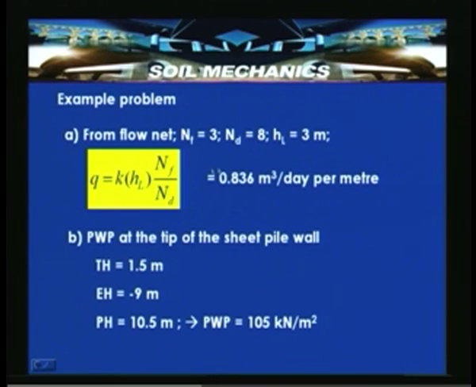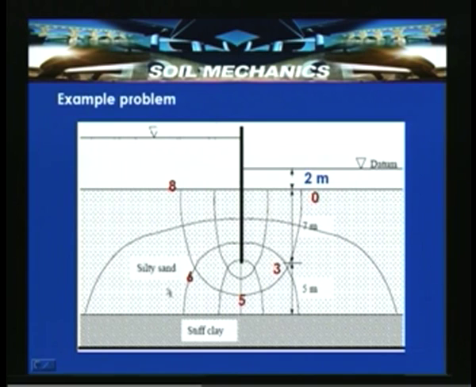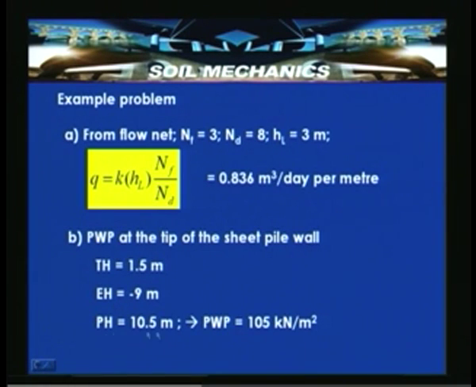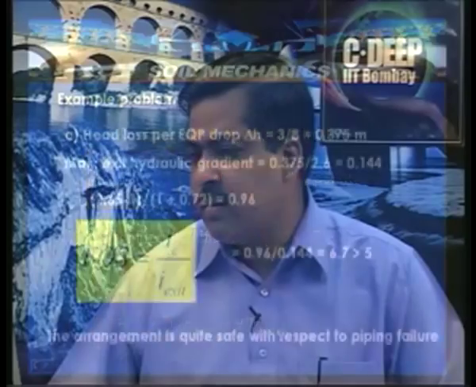With that we can calculate Q, and the pore water pressure at the tip of the sheet pile wall can be calculated by knowing the total head of 1.5 meters and the elevation head. By considering this as datum, we can calculate the pressure here. With the elevation head known, we can calculate the pressure head, and at the tip of the sheet pile wall the pore water pressure is around 105 kN per meter square.